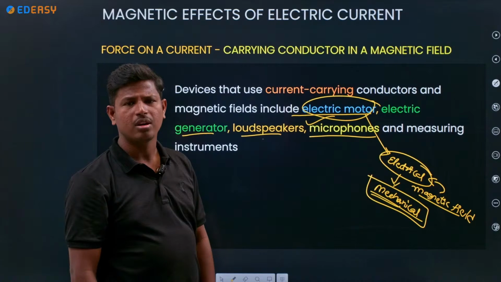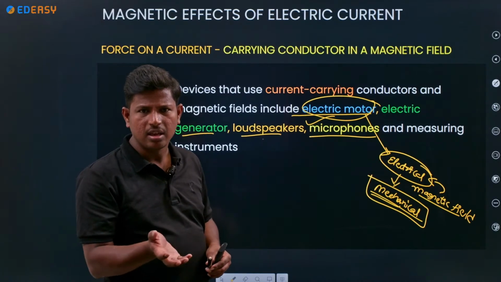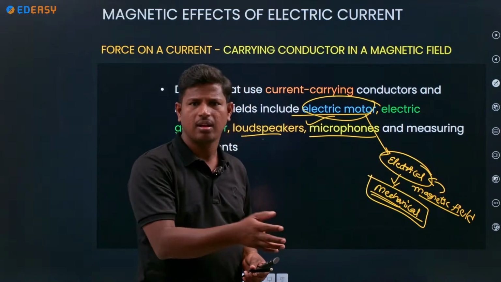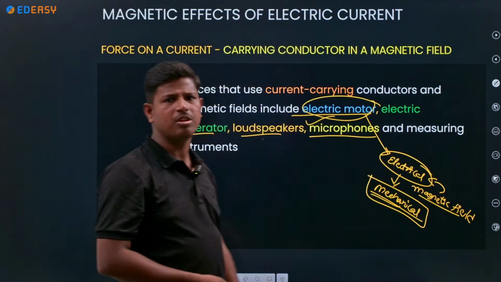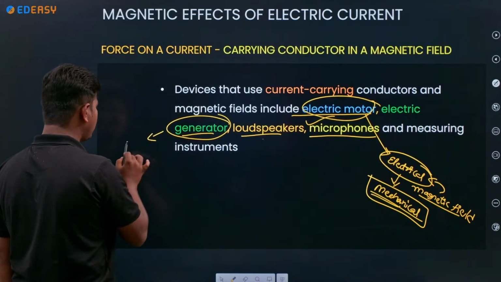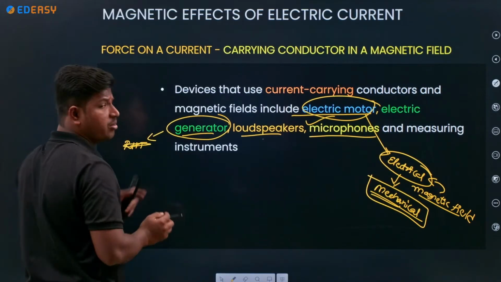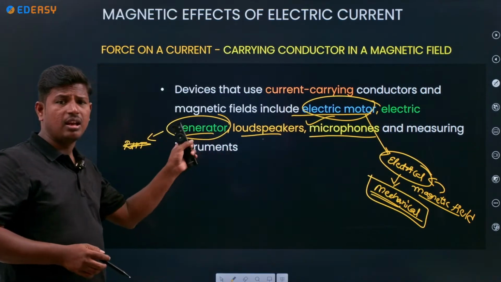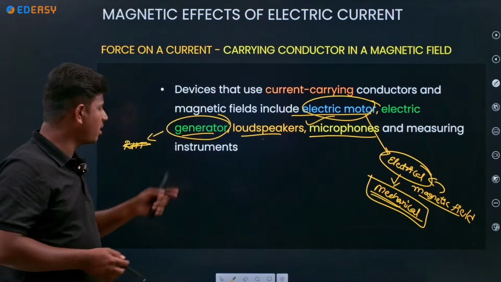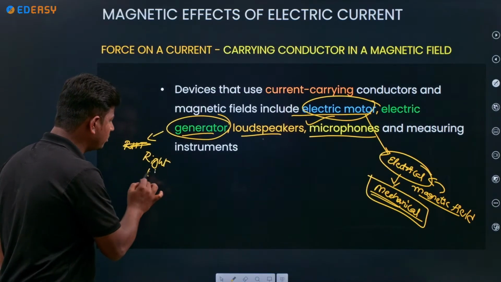How does a motor work? We give electricity, and through the electricity it does mechanical work. That is the principle of the electrical motor. And for the generator we use the right hand rule.